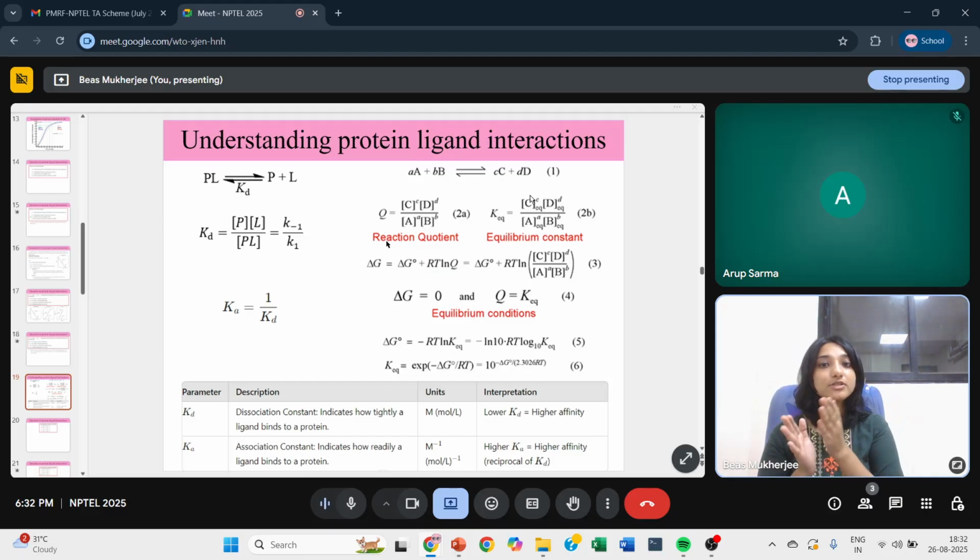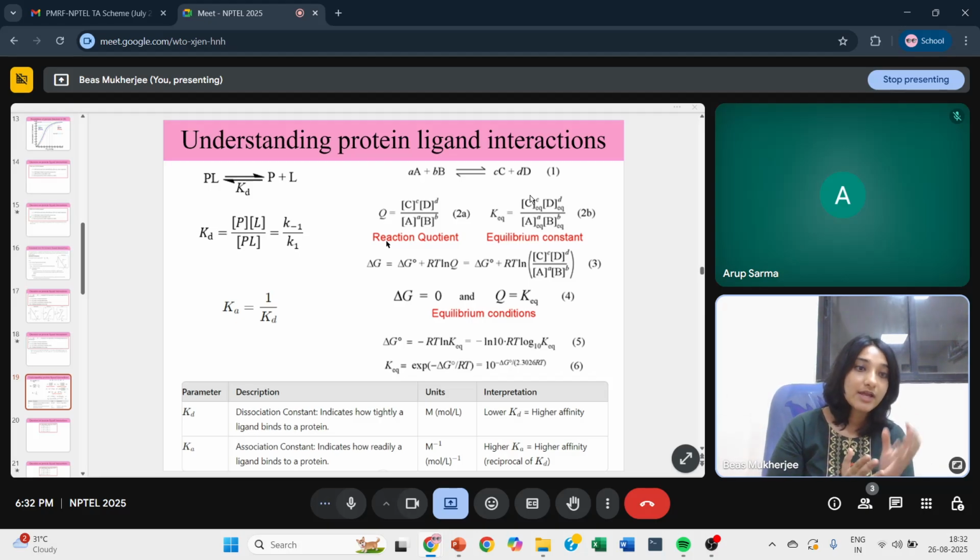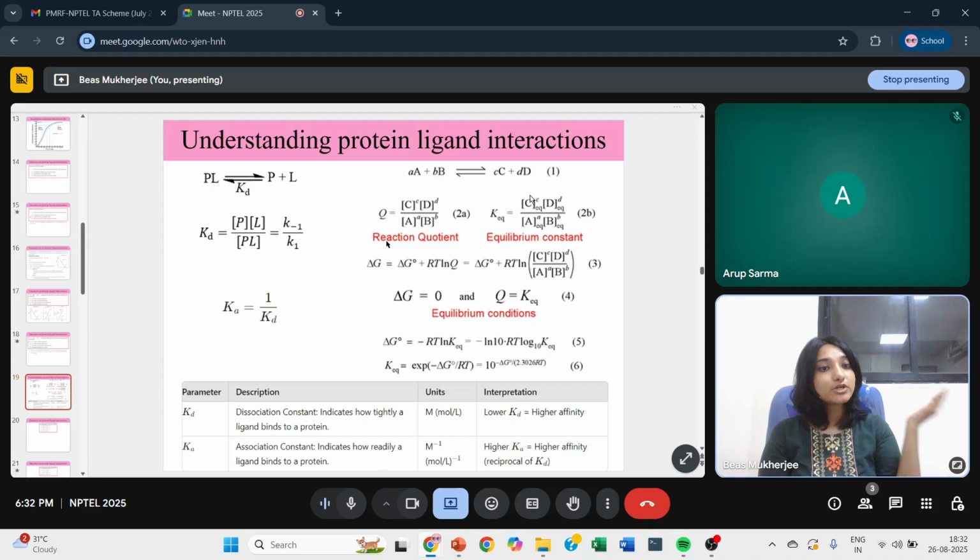Now you know about the thermodynamic equation delta G is equal to delta G naught plus RT ln Q. Now instead of Q, if you put K, that is the equilibrium constant, then you get that delta G is 0, and that means it is equilibrium, and Q is equal to KEQ.